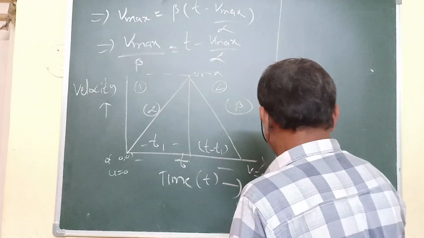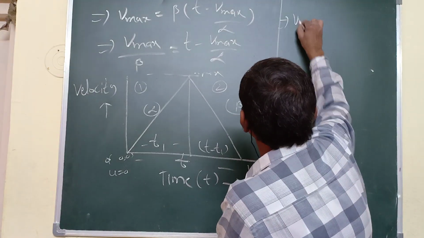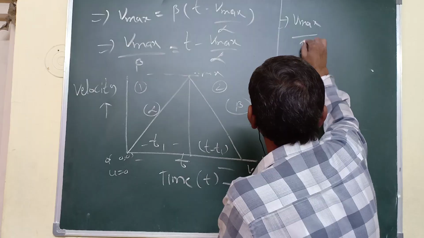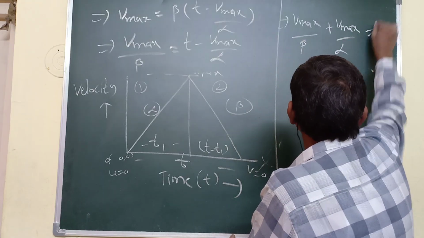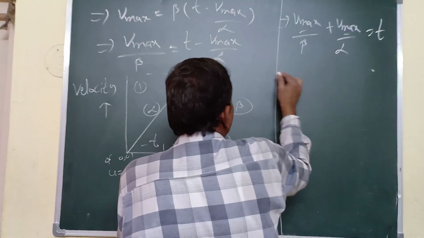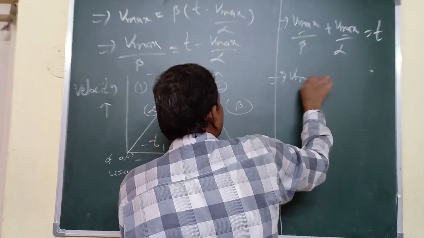This implies V maximum by beta plus V maximum by alpha equals T. Again I am taking V maximum common.